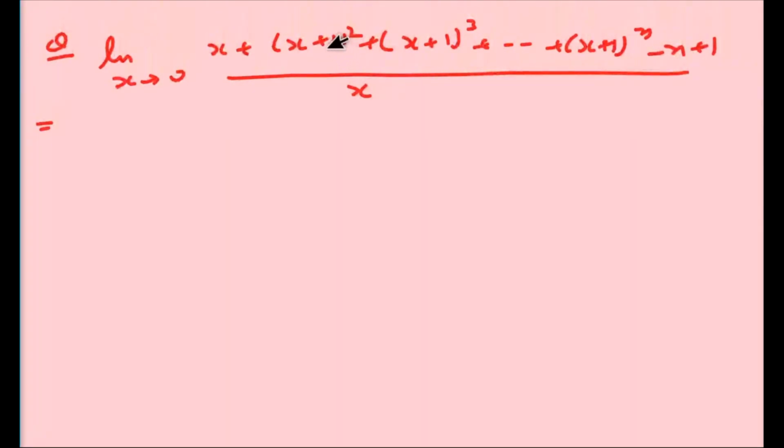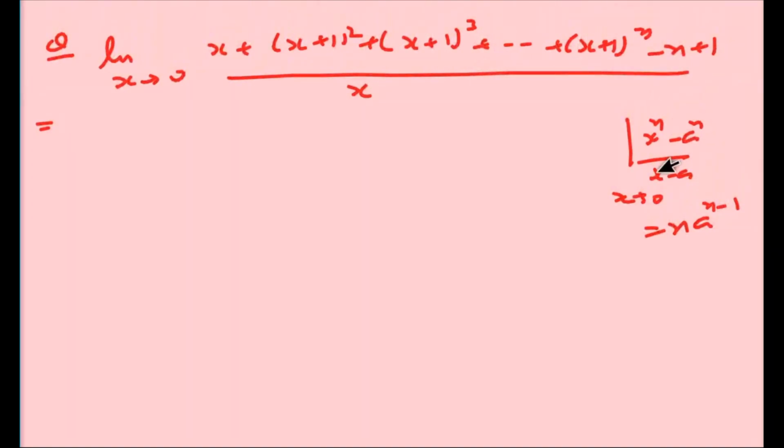Student, you can see here the formula is x to the power m minus a to the power m upon x minus a. Okay, if we check this formula, x to the power n minus a to the power n upon x minus a, x tends towards a, is n a to the power n minus 1.